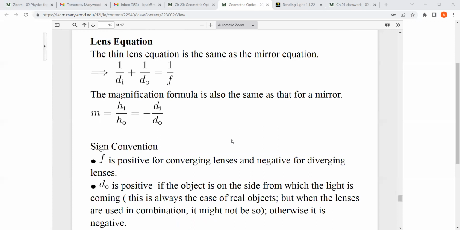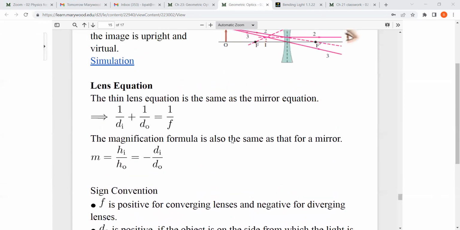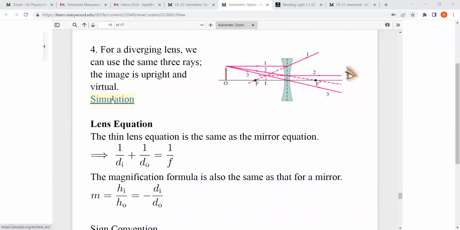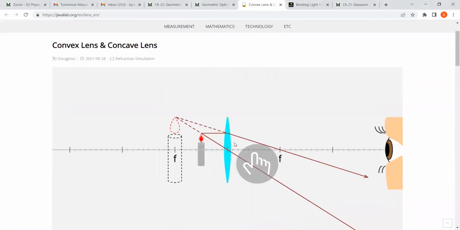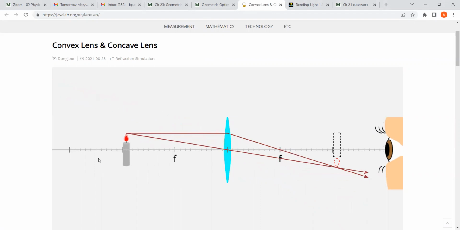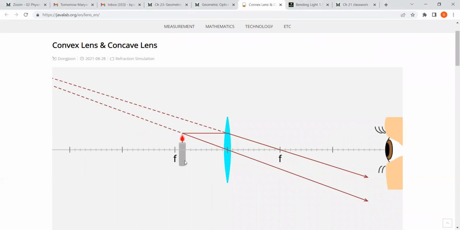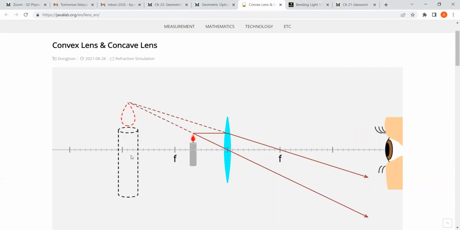Okay, all right. So before we do that, let's first see this simulation. So this is a converging lens or double convex lens. So here you see that we can have both images. Here this is a real image, it is inverted, or we can also have the virtual image, which is upright.